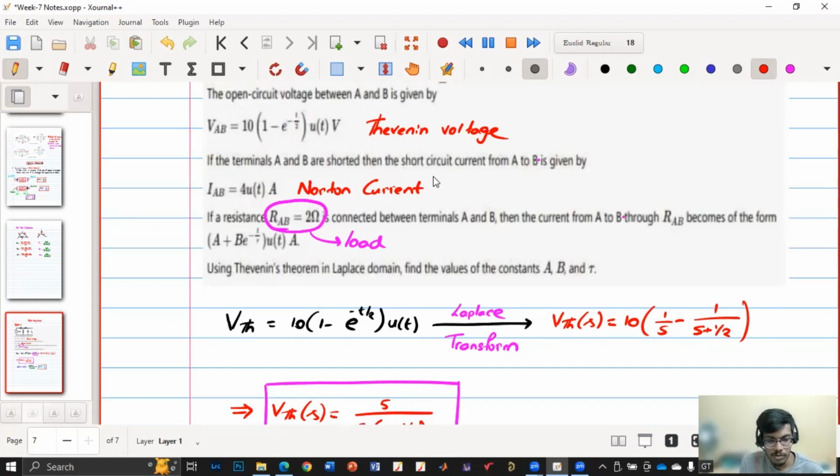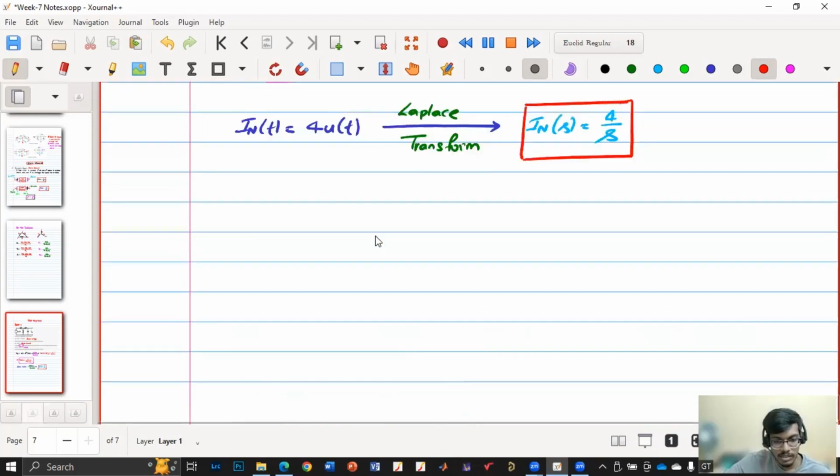Have they given information to find the Thevenin impedance? We know the Thevenin voltage and Norton current. Can we find it by V by I? Yes. So Thevenin voltage by Norton current is Z Thevenin.